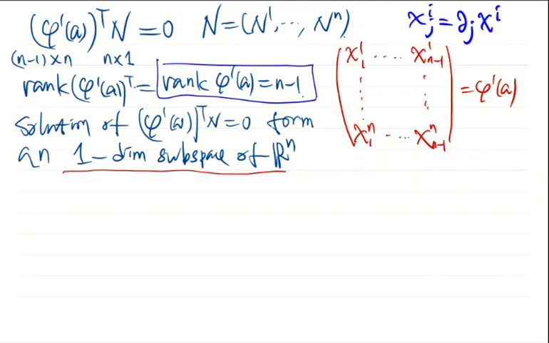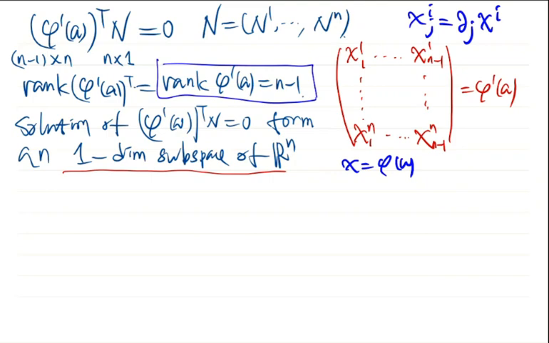The phi of u is x. So x_1 through x_n are the components of x, and u_1 through u_(n-1) are the components of u. So the matrix is this matrix.